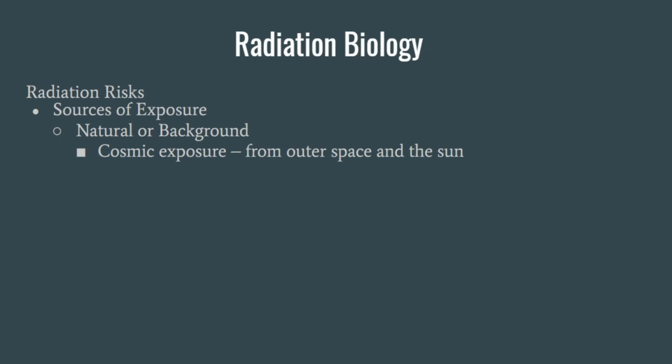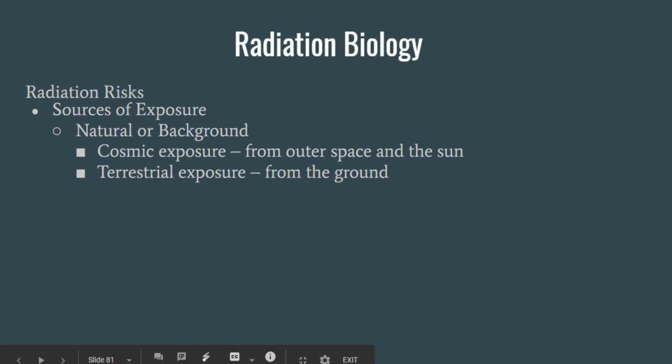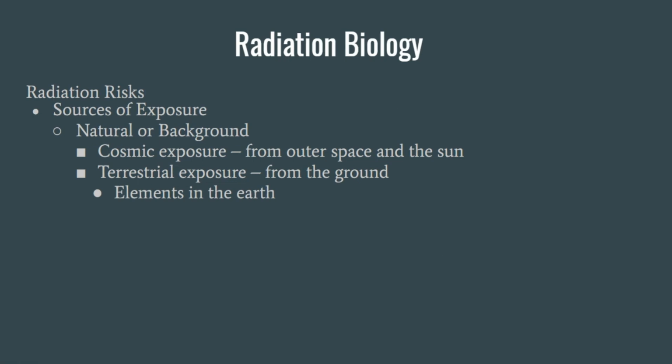The next form is terrestrial exposure, and this is from the ground or the earth. This is radiation that comes from elements that are naturally found in the earth. Different forms of potassium and uranium would be examples of this. And like cosmic exposure, the exposure is going to vary depending on where you live.